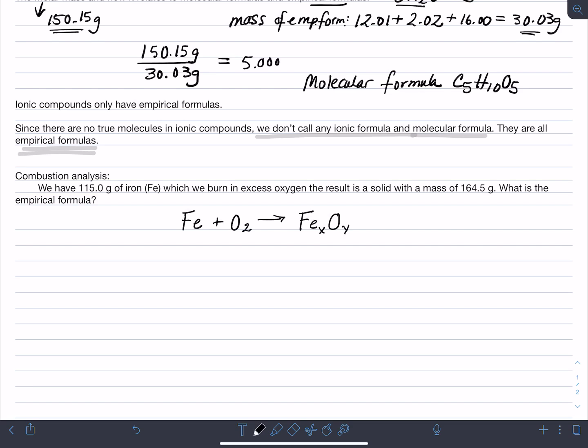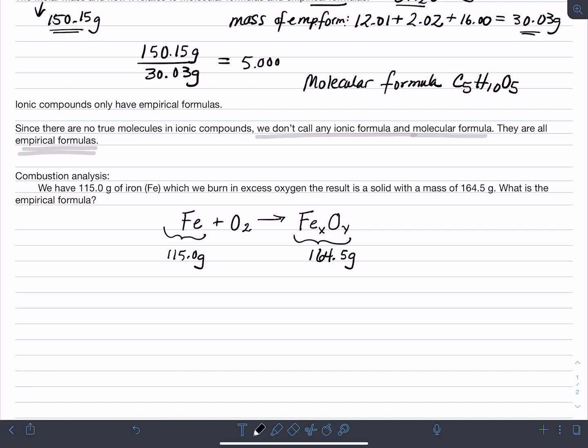But what do I know? Well, I have been told that the total of what was burned is 164.5 grams. I've also been told that I started with 115 grams of iron. So then I know, because of the law of mass conservation, right?